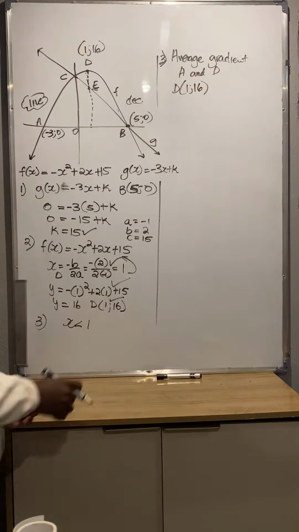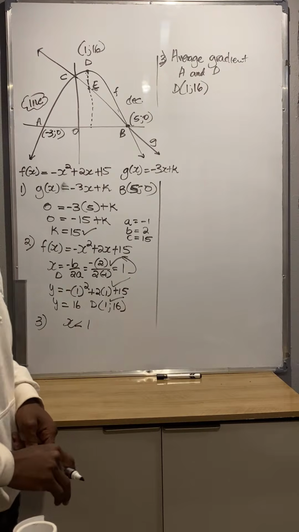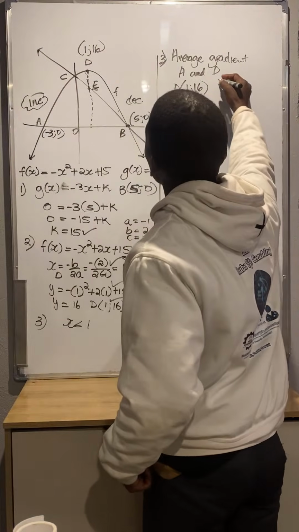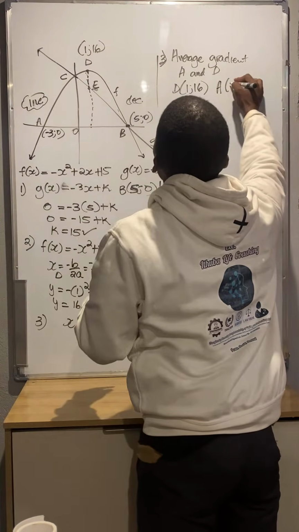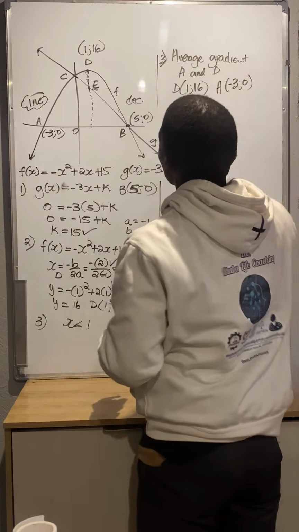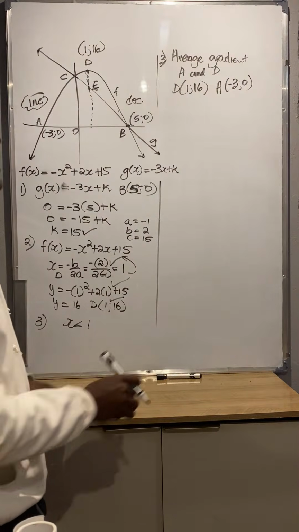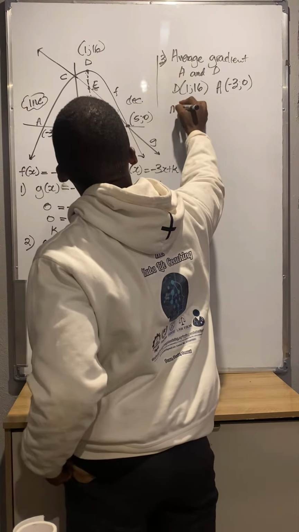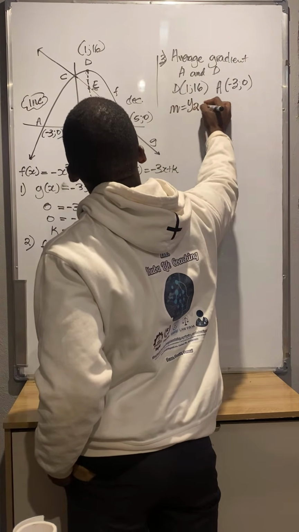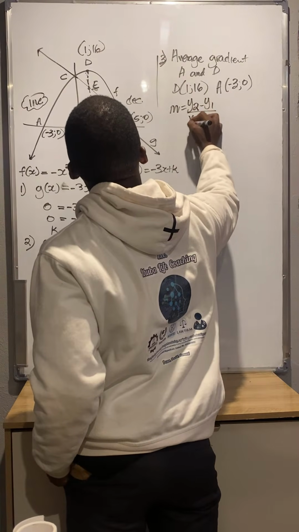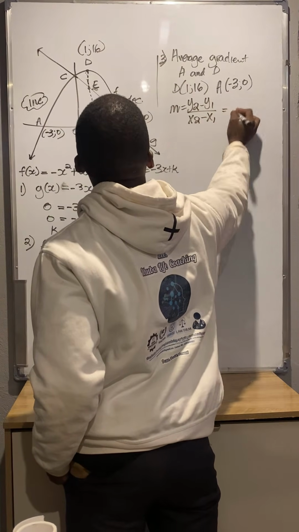Do we have the coordinates of A? Yes, the coordinates of A are (negative 3; 0). So they want the average gradient. Our average gradient will therefore be m equals y2 minus y1 over x2 minus x1.